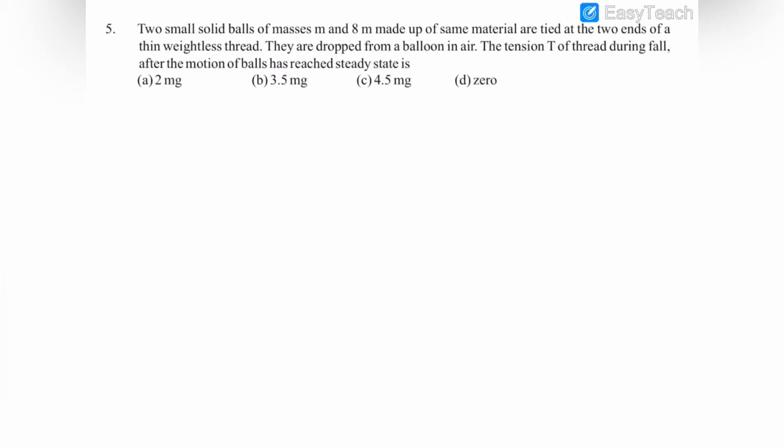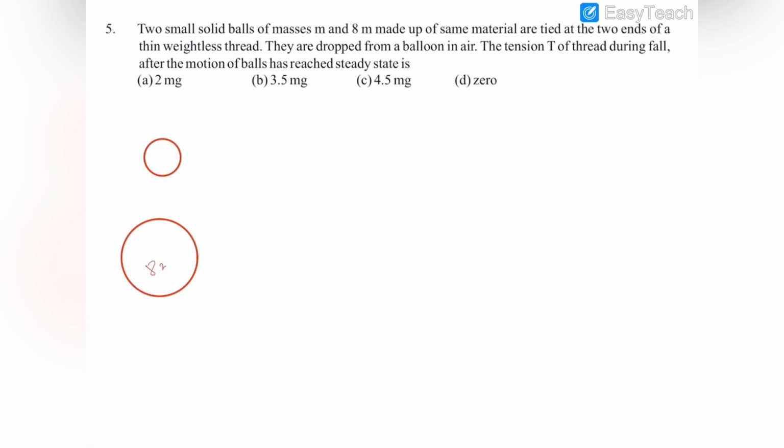In this question, you can see that there are two solid balls of the same material, but their masses are different. So obviously their volumes will be different. So let us suppose that there are two balls, and obviously if the masses are m and 8m, then the volume of the bigger ball would be 8v.